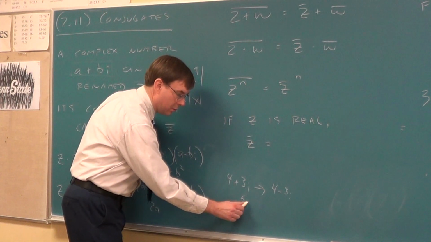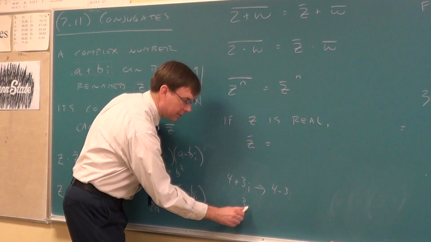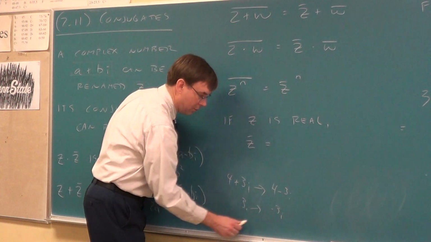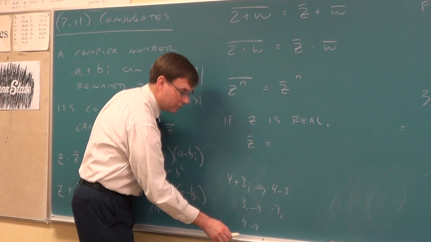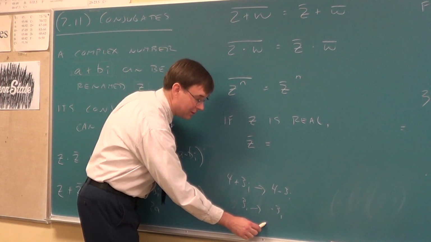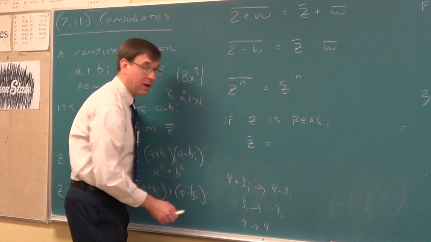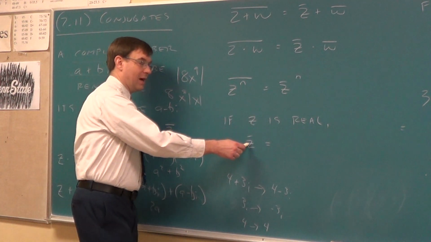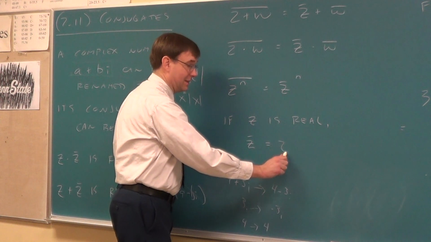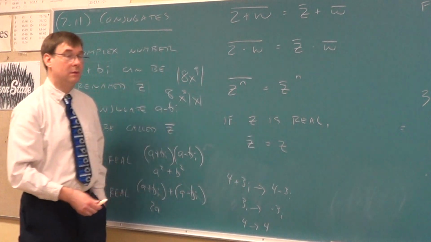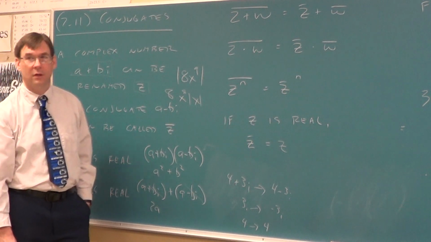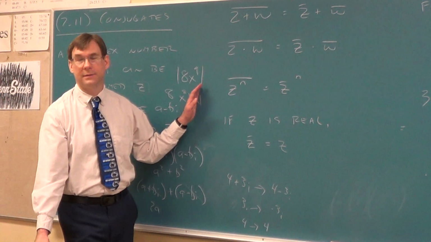If I gave you just the 3i, you give me back just a negative 3i. What if I gave you just the 4? Nothing. You gave me just back a 4. So if you get a real number, the conjugate of it is just itself, that number. So that's our 4 rules of the day. Question about the 4 ideas?